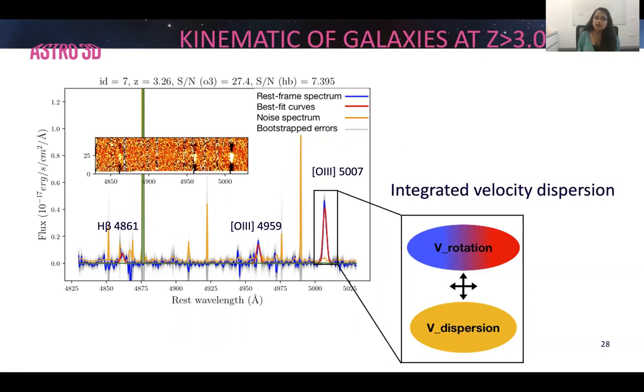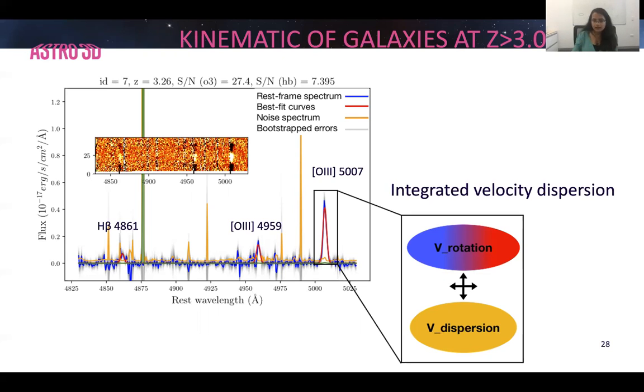Since it's really hard to get resolved kinematics of galaxies at redshift of 3, the only thing that is currently accessible to us are these integrated velocity dispersion measurements. And hopefully with JWST, this can improve and we can get some resolved kinematics. But till then, we rely on the integrated measurements.